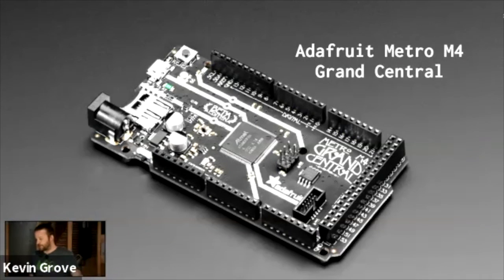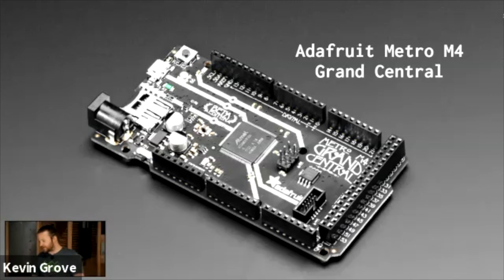The features of this: you have, I think, 53 digital pinouts, and then I believe you have 16 analog pinouts. You have a micro SD input, a reset button, obviously.